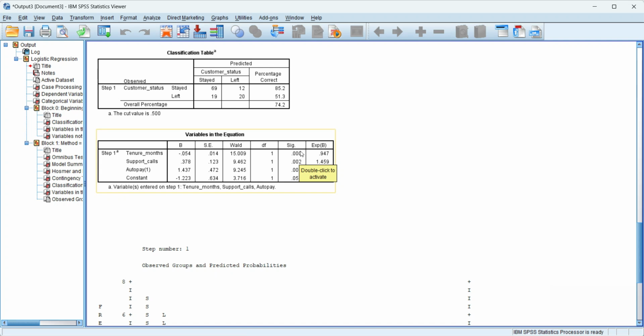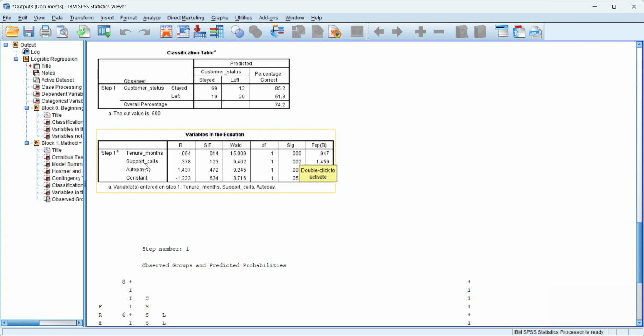So it means the months negatively influence customer status. In case the tenure increases, the customer leaves the service.